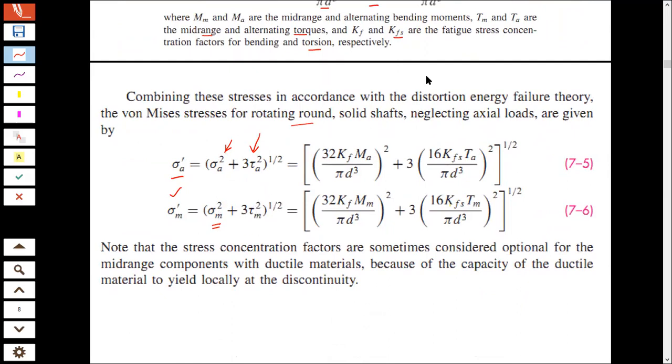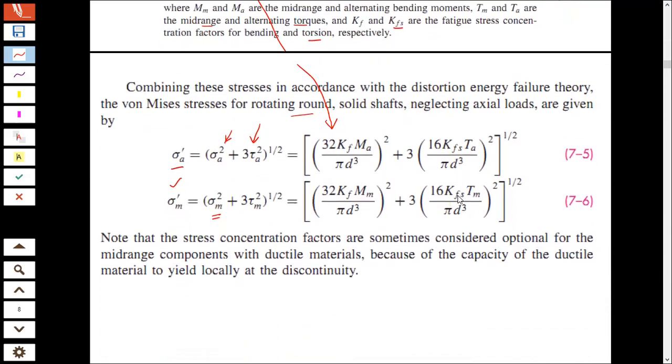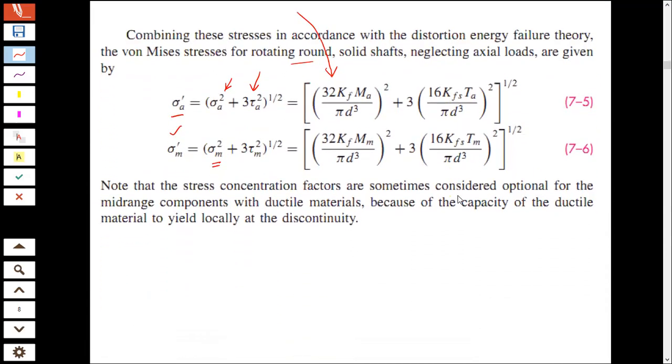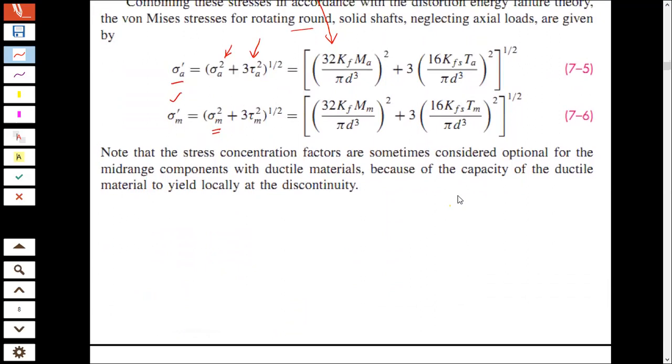So just take those values from these equations and put them over here, right? So plugging in those values, this is what we are going to get, that our sigma a dash and sigma m dash are the von Mises stresses. So we got these two equations here.